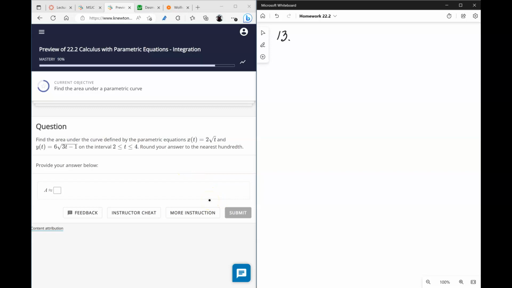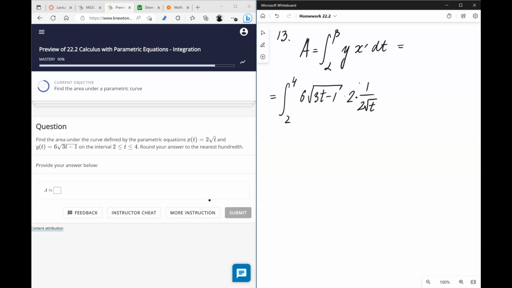Same thing, setting up the integral from alpha to beta of y x prime dt. So it's going to be integral from 2 to 4 of y times x prime dt. The 2's are gone.